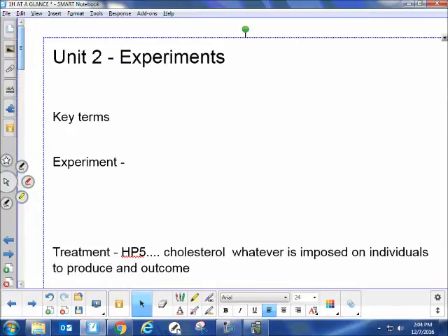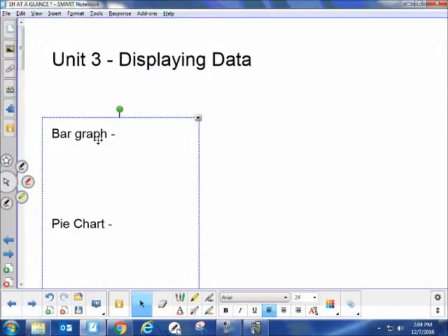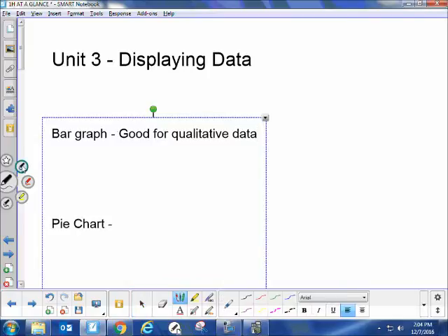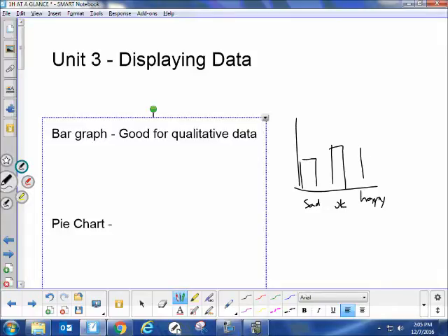That was Unit 2. We then went to Unit 3 where we displayed data. Now we talk about bar graphs. Bar graphs are good for qualitative data. So out of my 50 ducks, who was feeling sad, okay, and happy? We can say, oh, 10 ducks felt sad, 20 ducks felt okay, and 20 ducks felt happy.